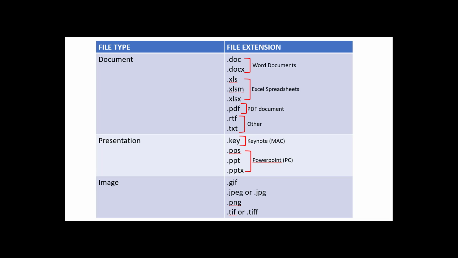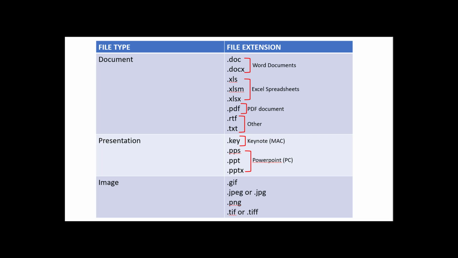It is best practice to not use RTF or TXT files as they are not ADA compliant. You can easily convert those to documents and PDF files and re-upload those to your course.